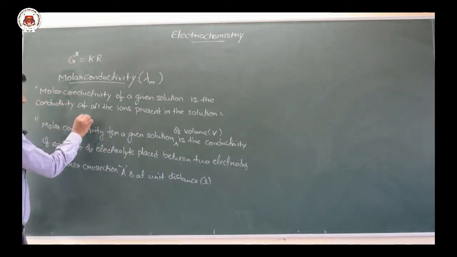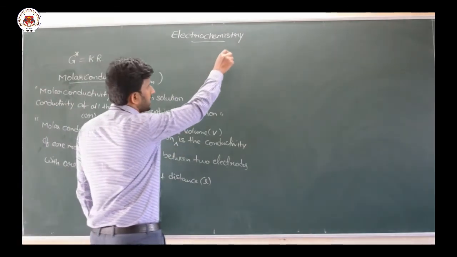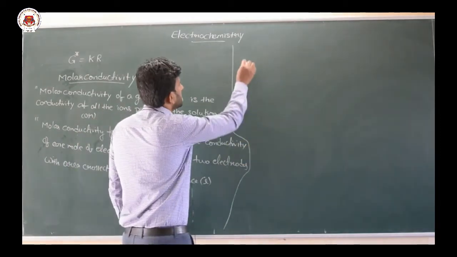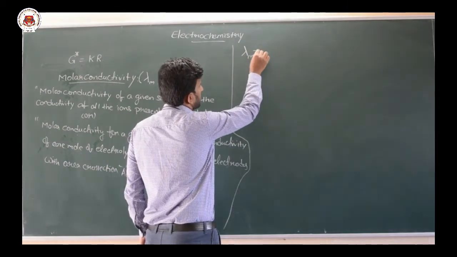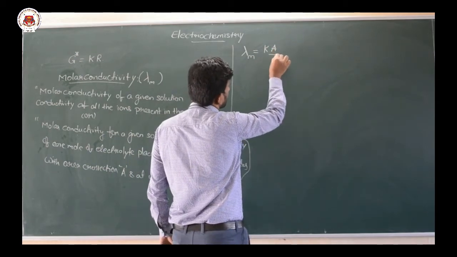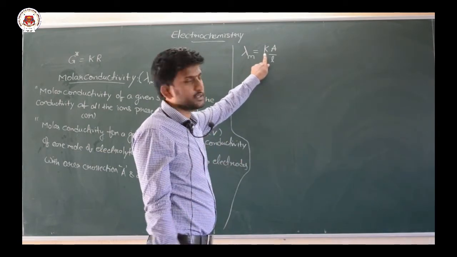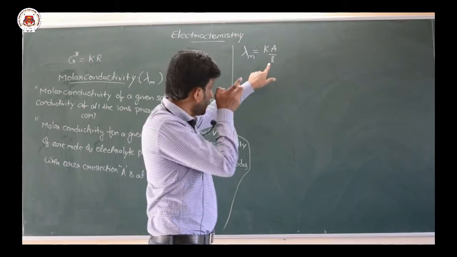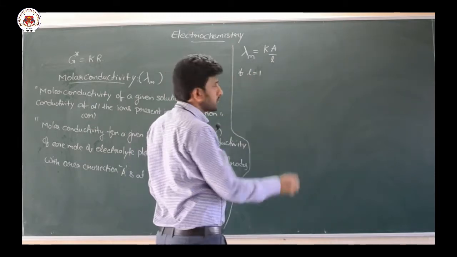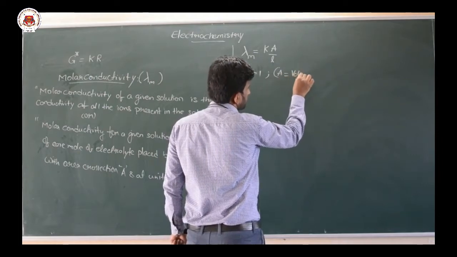So, the definitions are a little bit difficult, but coming to the formula of this, lambda m can be given by the formula conductivity into A by L, conductivity of that solution into A by L. If L is equal to 1, then area will be equal to volume.